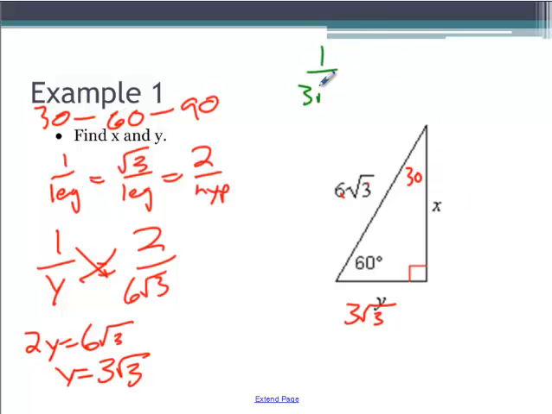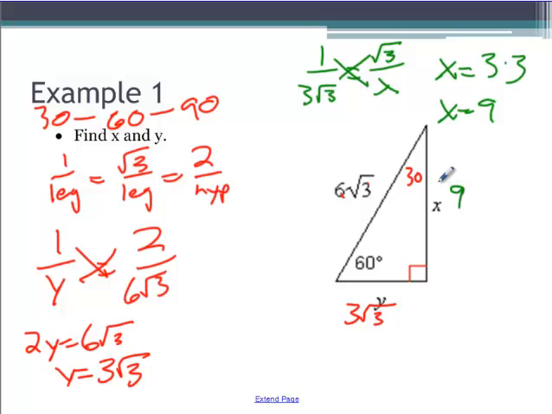So 1 over 3 root 3 equals square root of 3 over my other leg, x. When I cross multiply, I get x equals 3 times square root of 3 times square root of 3, which is 3. So x is 9.